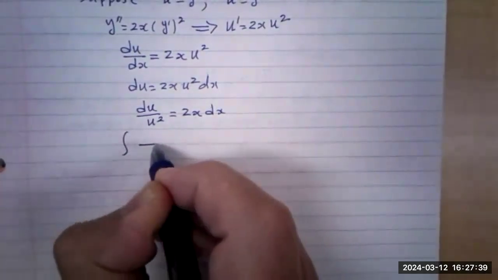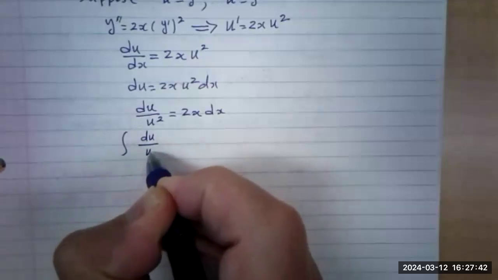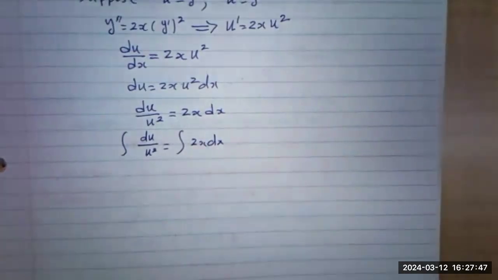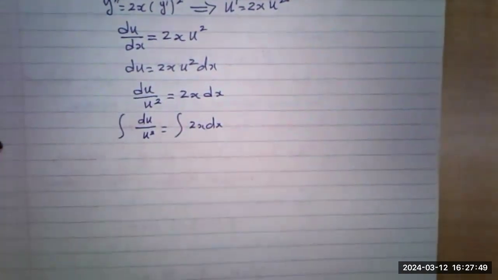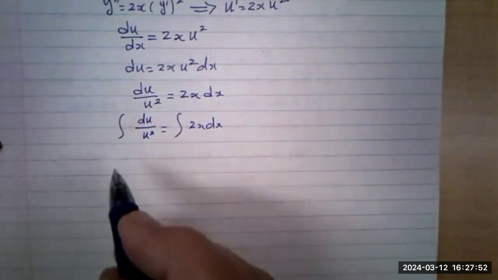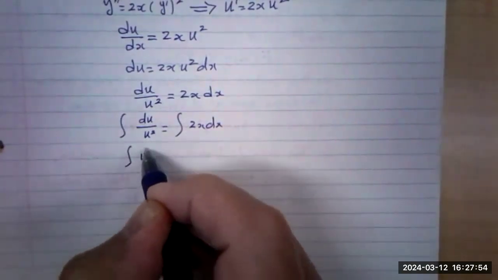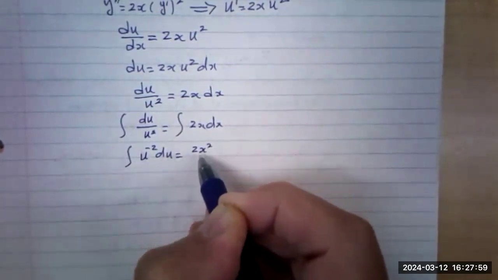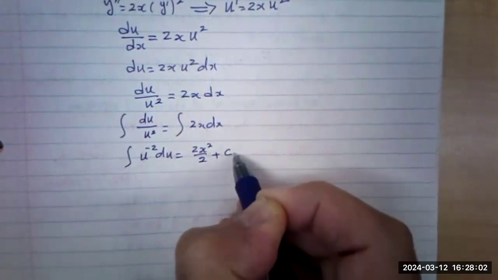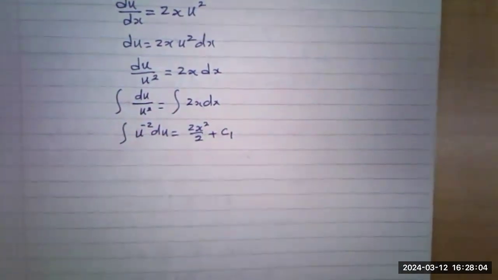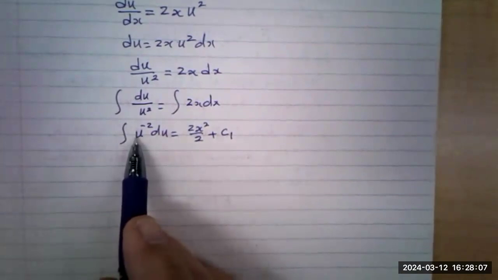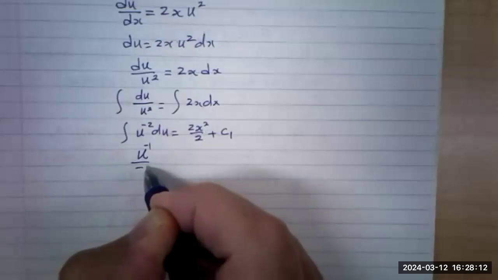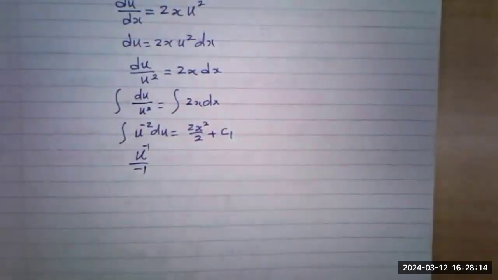So we integrate: the integral of du over u squared equals the integral of 2x dx. Now that you move the u up, the other side is already easy to operate. So that gives u to the negative 2 du, and this would be 2x squared over 2 plus the first constant, c1. Now this is going to be u to the negative 1 over negative 1. We'll leave that one constant here.